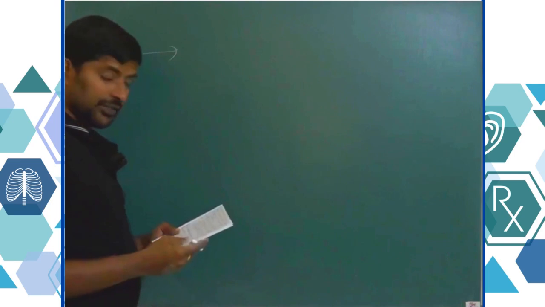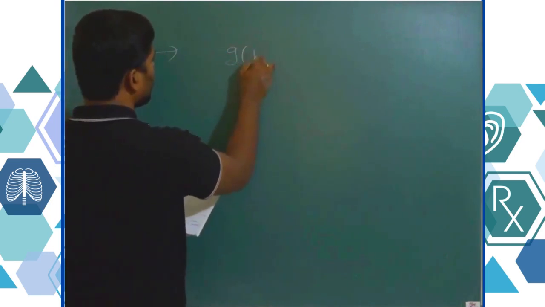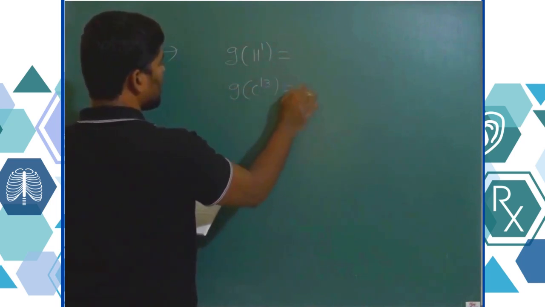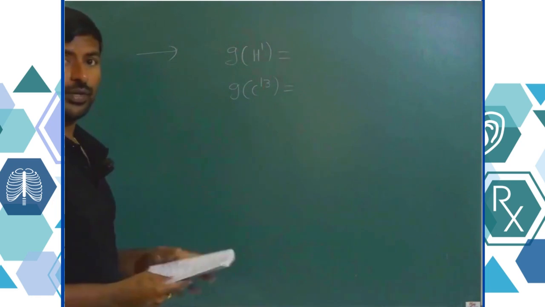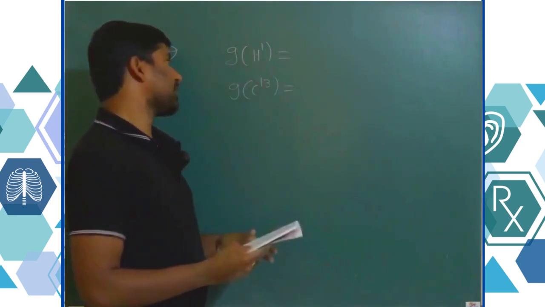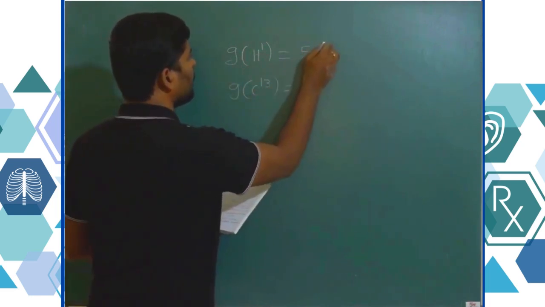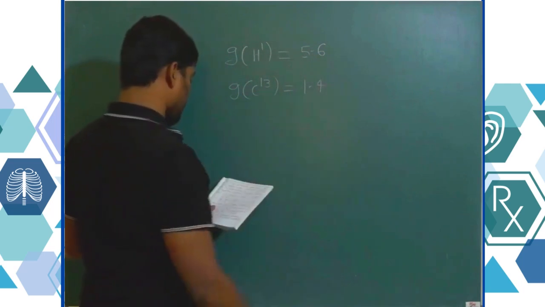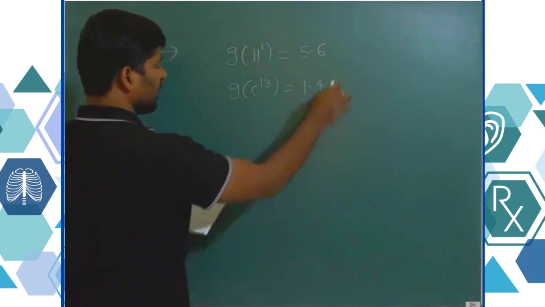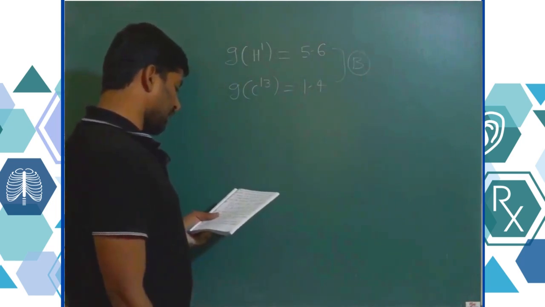This is given in CSIR for 4 marks. The g factor of H1 and C13, the nuclear g factor, also called the splitting factor, depends on the nature of the nuclei we are taking. The g values for H1 and C13 are 5.6 and 1.4 respectively. For the same value of magnetic field strength, B is the same in both cases.